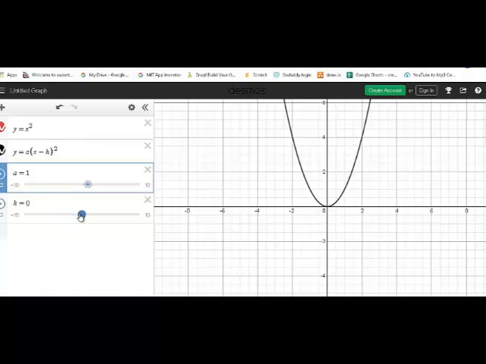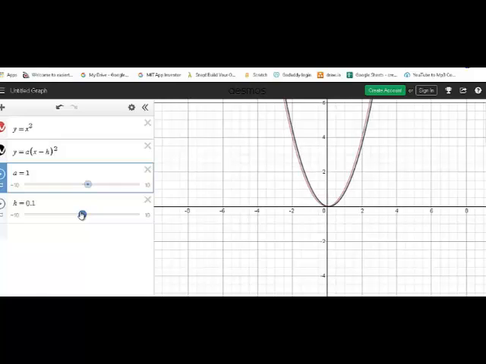Now let's talk about the parameter h. If I increase the value of h in the positive direction, you can see that the graph is going to move to the right. If I move it so that it becomes negative, you can see that the graph moves to the left. This means that h corresponds to horizontal translation.